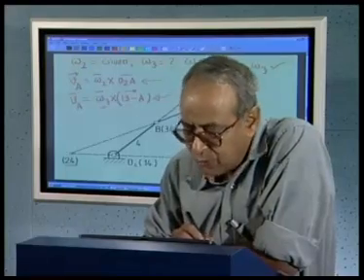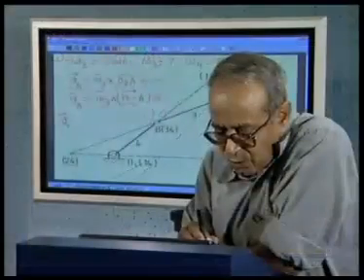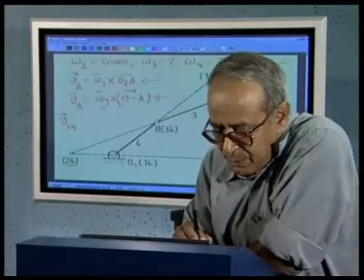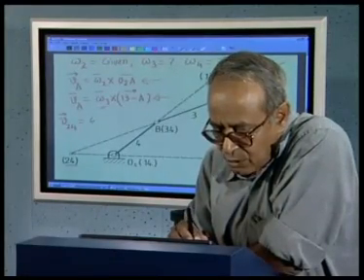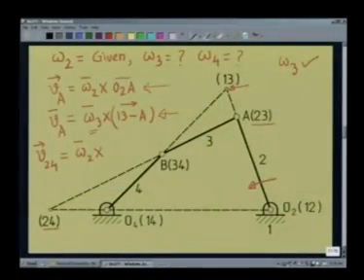If I consider 2, 4 to be a point on body 2 which is rotating about O2, the velocity of this point 2, 4 is omega 2 cross the vector O2 to the point 2, 4, because link 2 is rotating about the point O2 which is 1, 2.